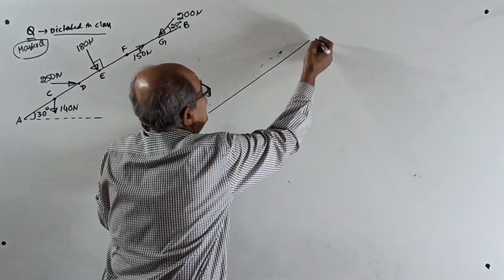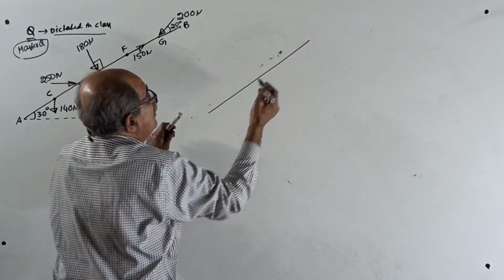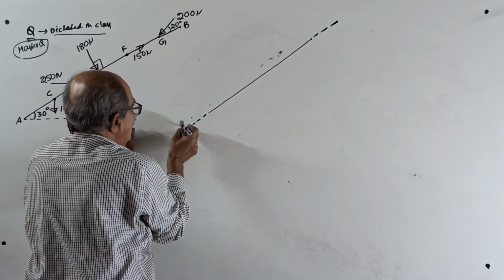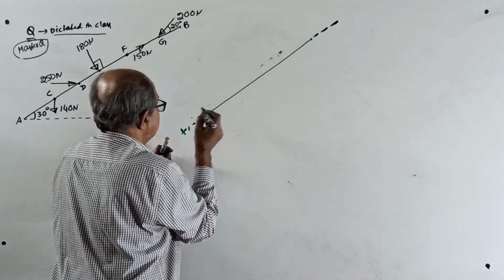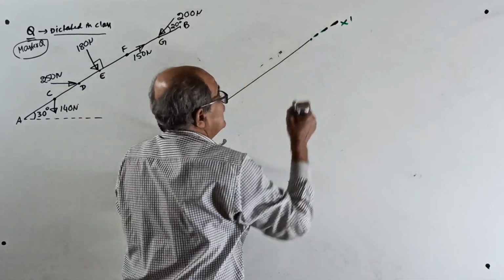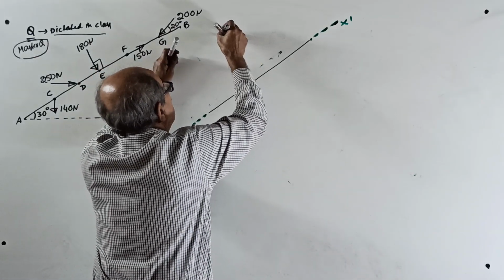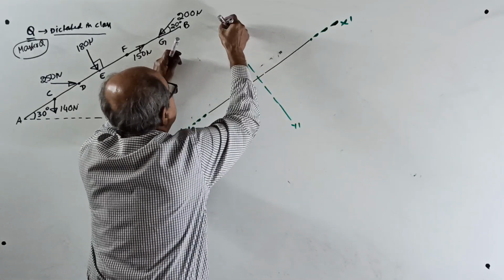One of them is along the inclined plane. I can still call it x, but let me call it x dash. The other one is perpendicular to it, and that is very, very important. Call it y dash.